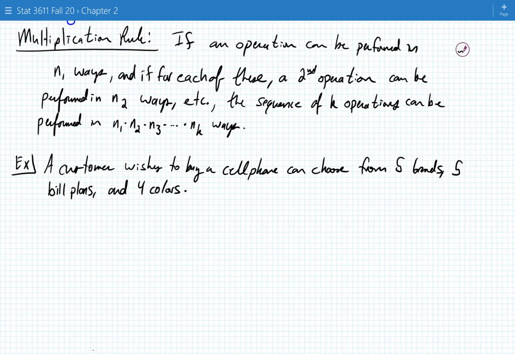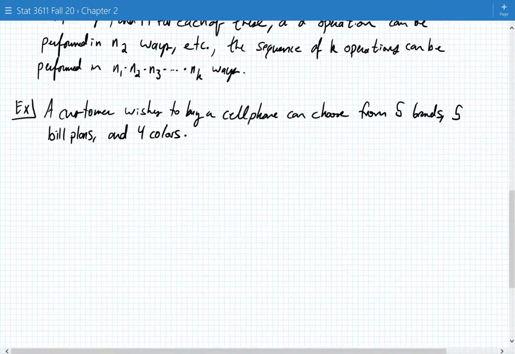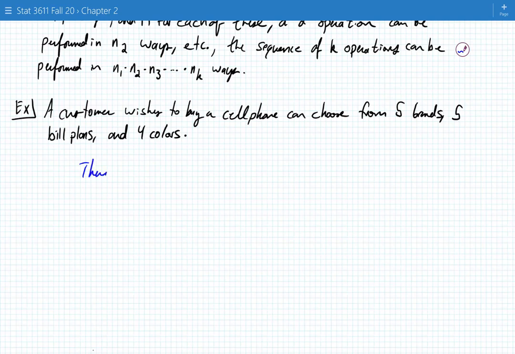How many ways can they buy the cell phone? Very quickly, there are 5 ways to choose the brand, then 5 ways to choose your bill plan, and 4 different ways to choose your color.